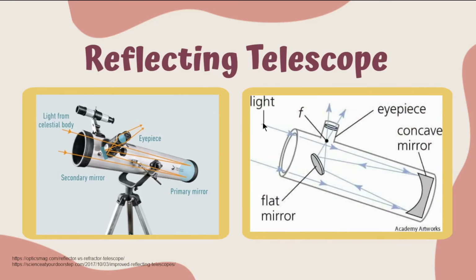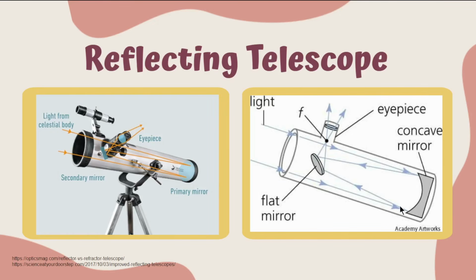Makikita natin, we have light rays coming from infinity kasi our object would be stars or any celestial bodies. Napakalayo niyan sa atin. Compared to the focal length of the mirror, napakalayo ng distance na yan. So, these light rays would come in parallel, almost parallel to your concave mirror. Here, that would be your primary mirror.